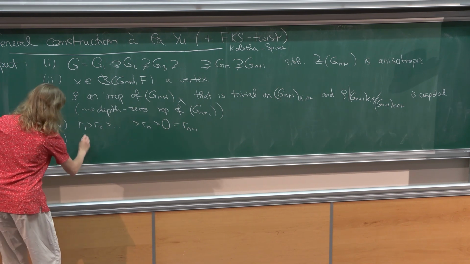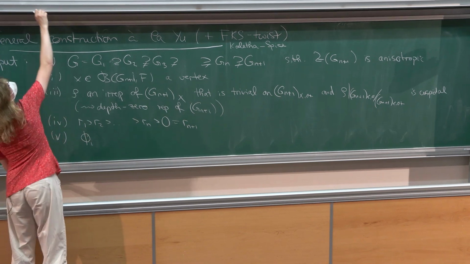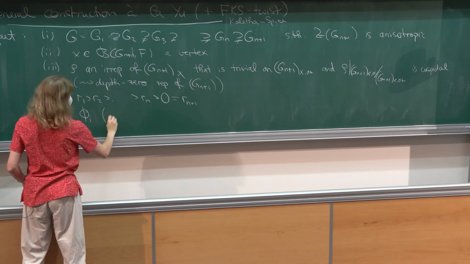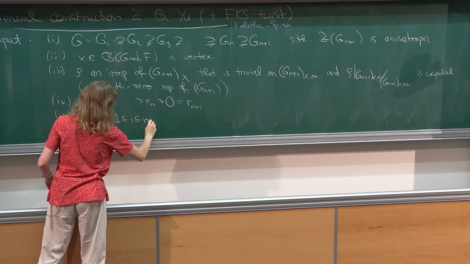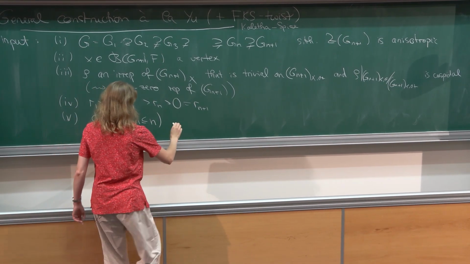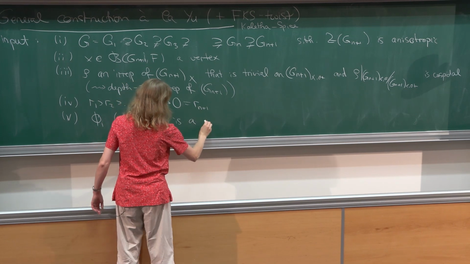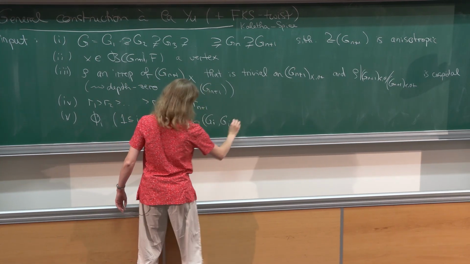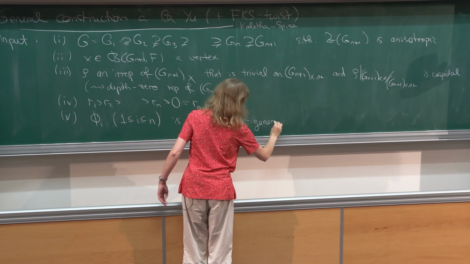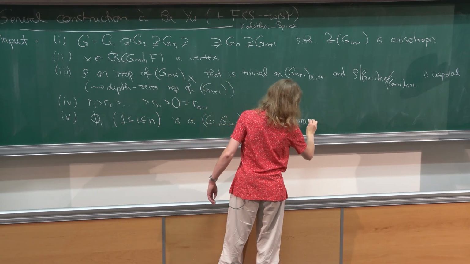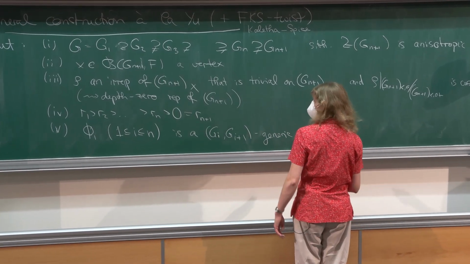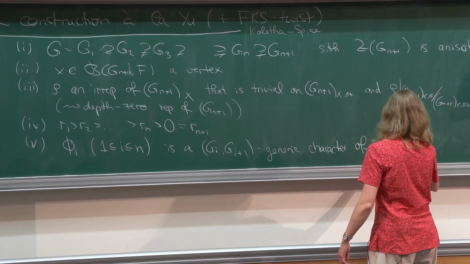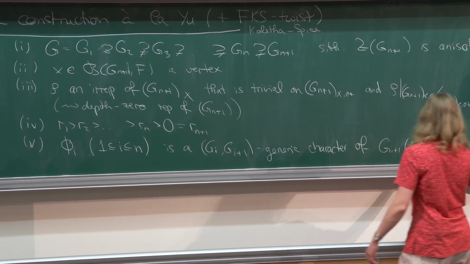These are some characters phi i for i between 1 and n, which are a G(i+1)-generic character of Gi of depth ri.